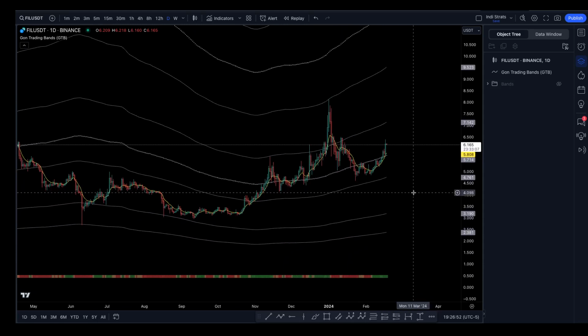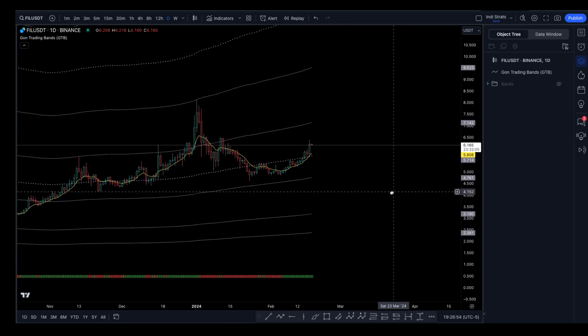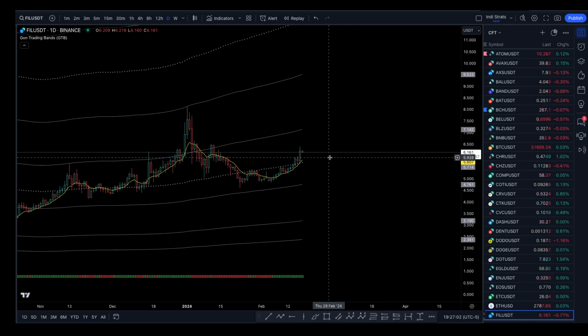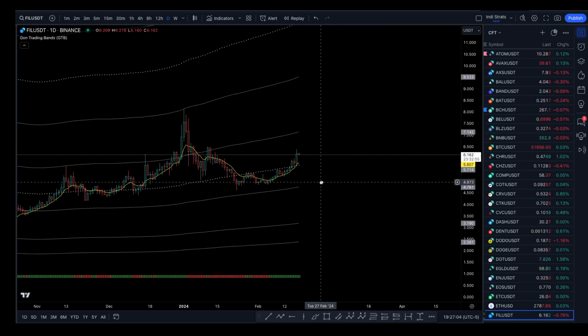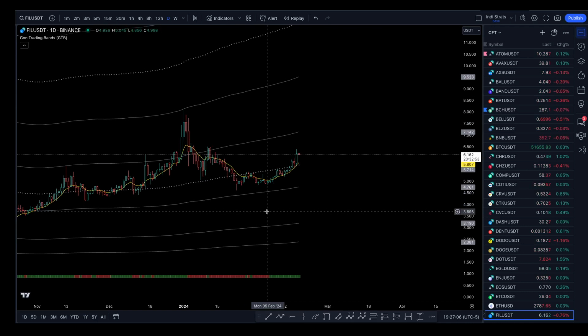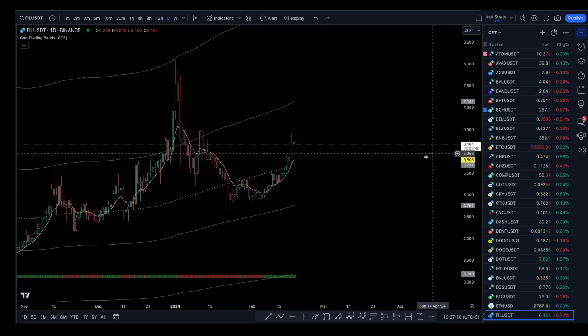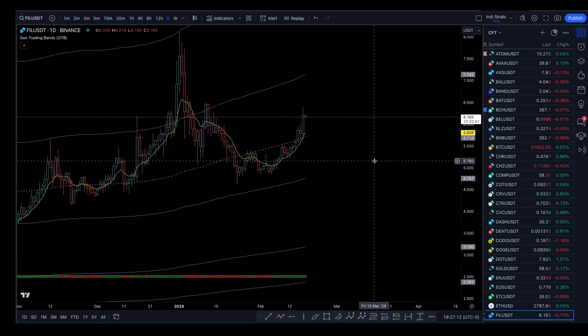What do I usually look for? Let's start with the current price action, and I will go through several examples, maybe through my whole watch list for some examples. But let me first introduce the DivaRSI and the Gon Conviction for that. But for now, let's just focus on what I look for on the Gon Trading Bands.